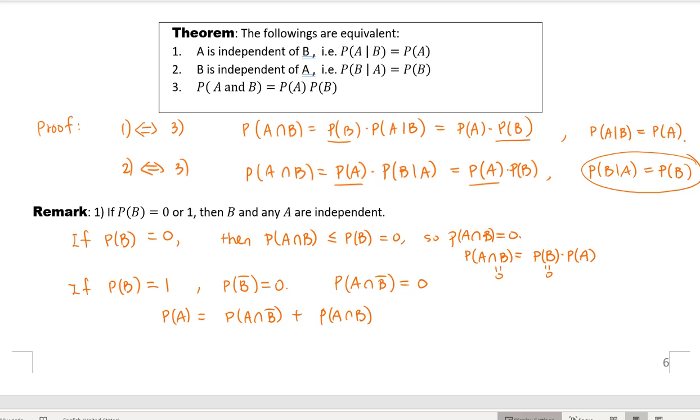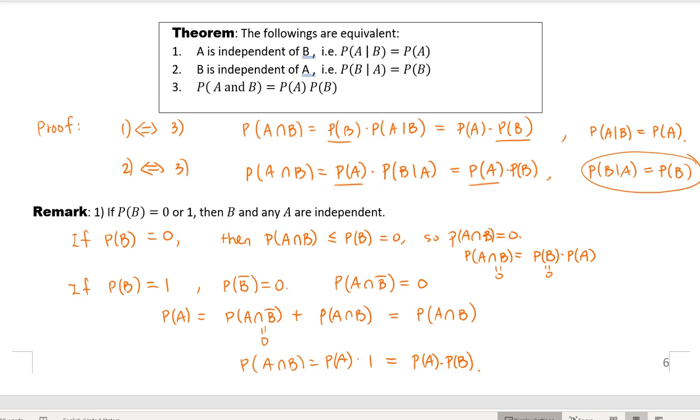So we have this term being 0, and that's why we just get P of A and B. Because P of B equals 1, we have P of A and B equals P of A times 1, so it's P of A times P of B. So this also holds, and B and A are independent.